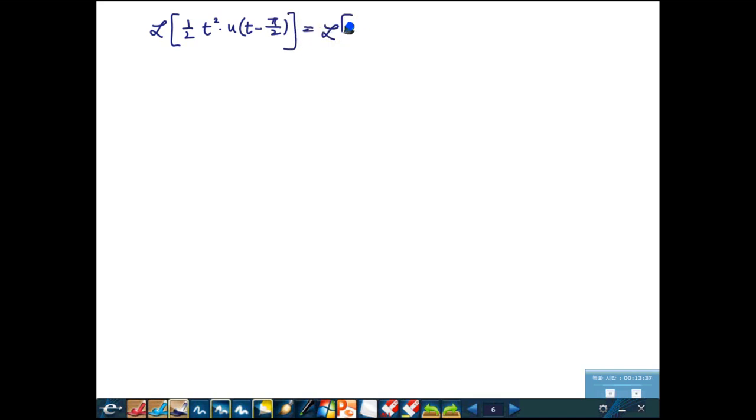Same thing. 1/2 t minus pi over 2 squared, right? f of t minus 1, same thing. Plus pi over 2 times t minus pi over 2, plus pi squared over 8, times u of t minus pi over 2.